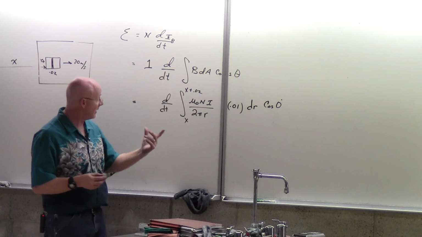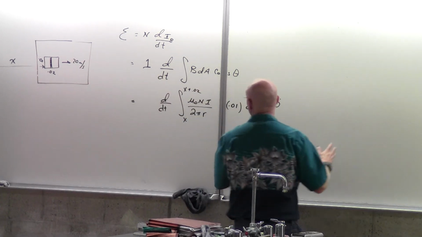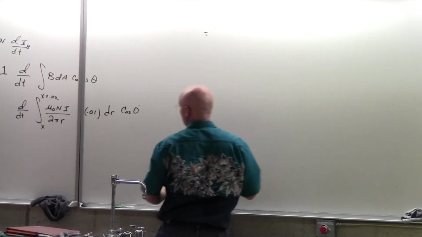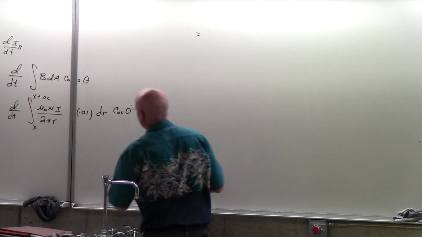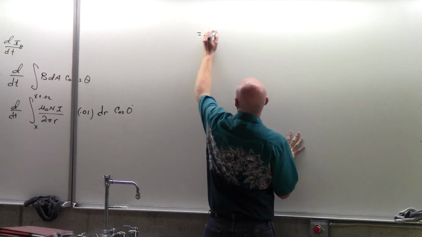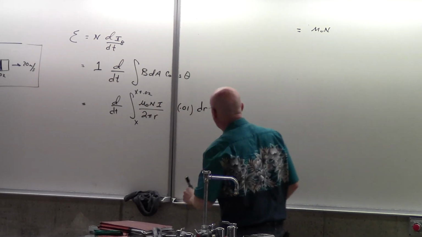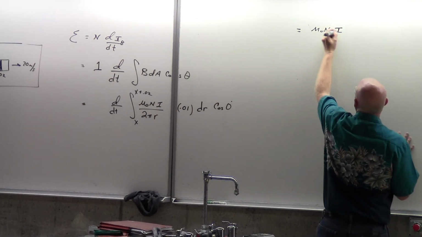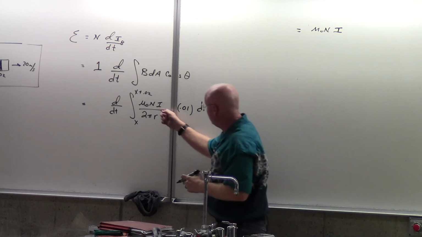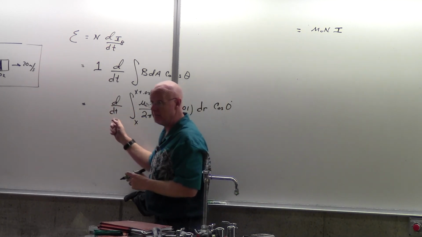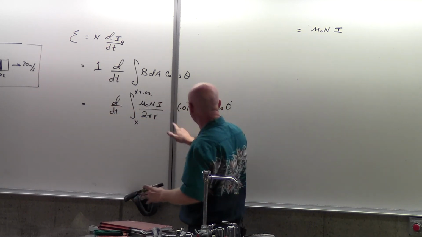But let me actually then do this integral here. And so the mu naught I will pull out. The n I will pull out. The I will pull out. There is no current that changes with time. It's just 25 amps.